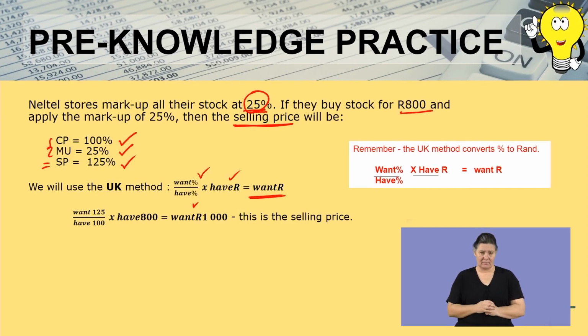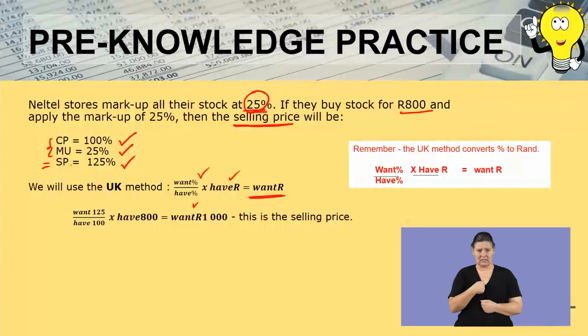All right, I'm going to break it down further. In accounting, you will always be required to calculate something: profit, sales, cost. You have to know what it is that you want. In this particular case, what do we want? We want the selling price.